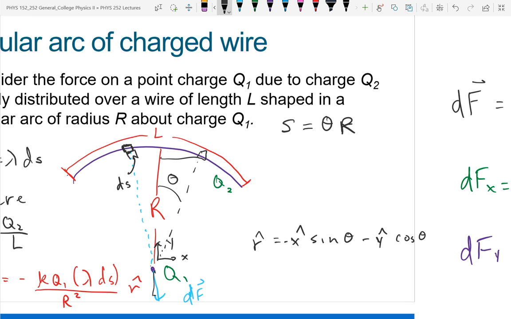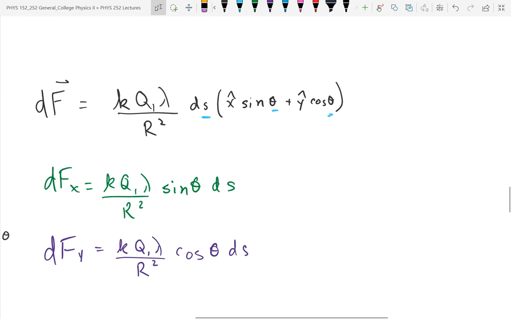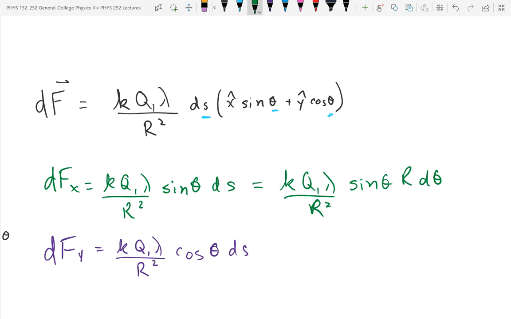That's a given relationship for any circle. Arc length is equal to theta times radius. So I can just take the derivative of both sides. ds is equal to r d theta. So I just put that in over here, and I have this is equal to k q1 lambda over r squared times sine theta r d theta.